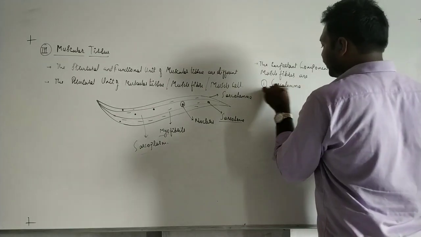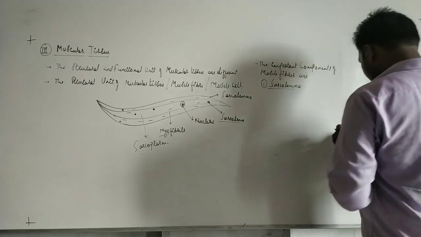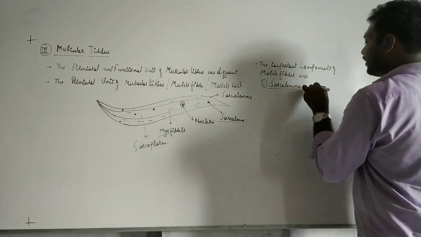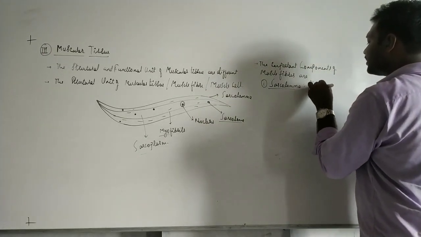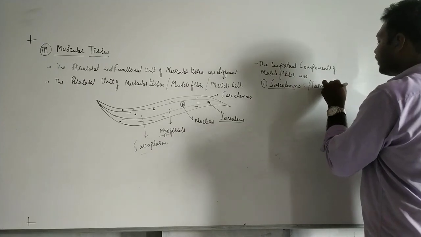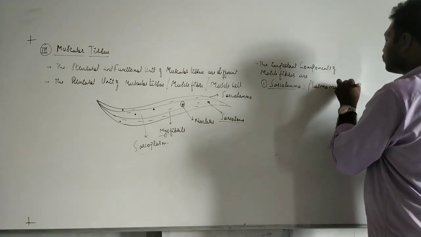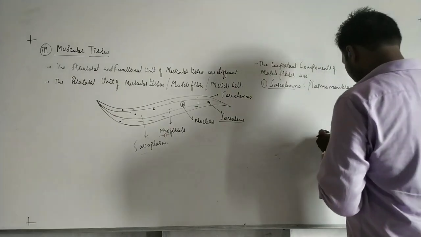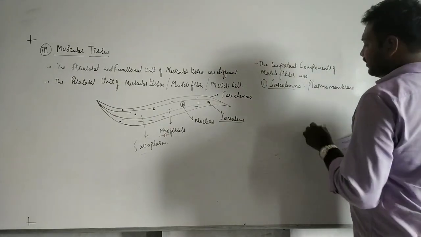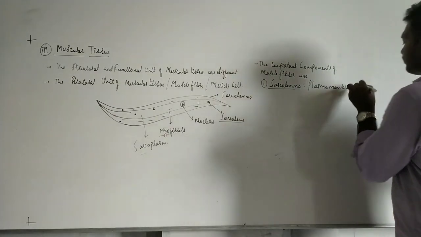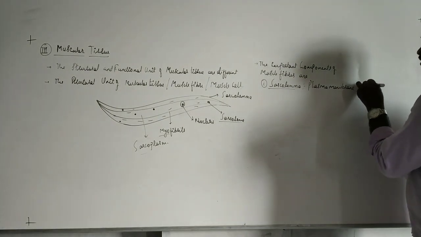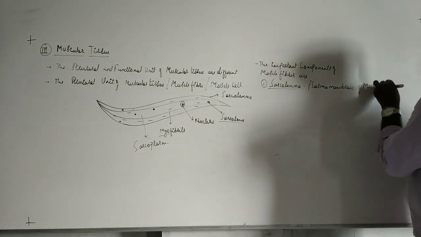What is sarcolemma? Sarcolemma is the plasma membrane of the muscle fiber.